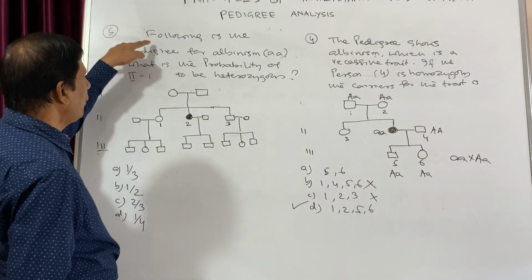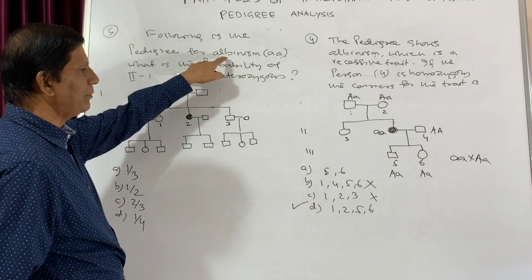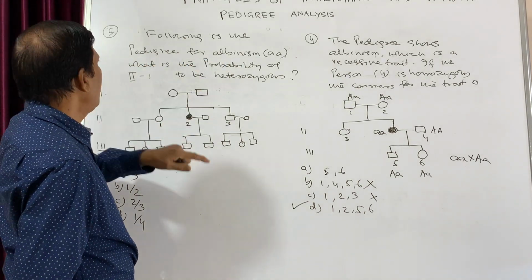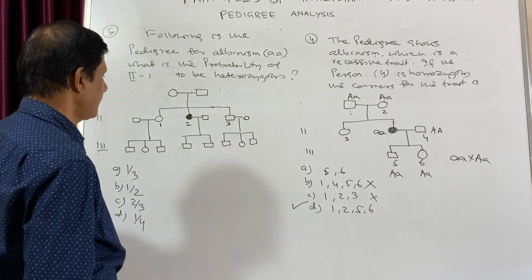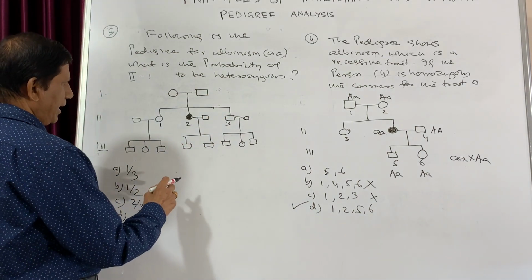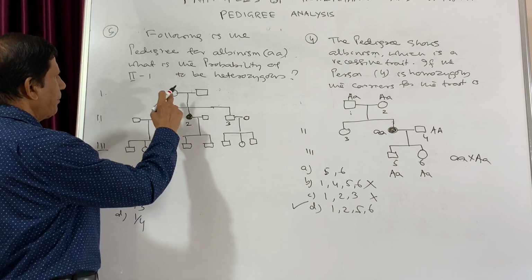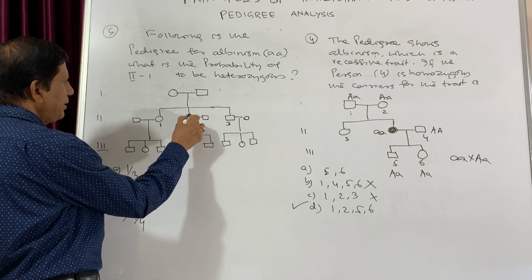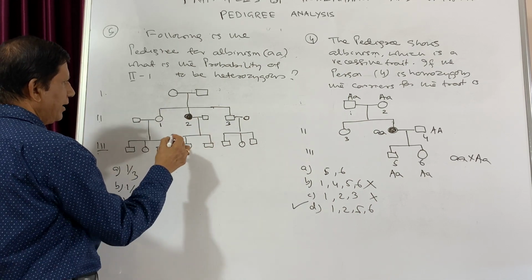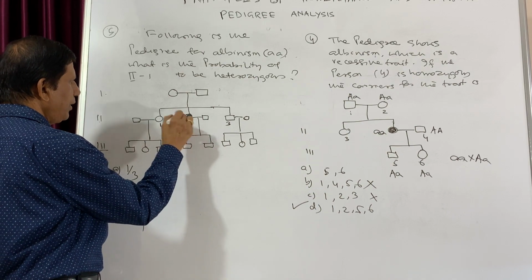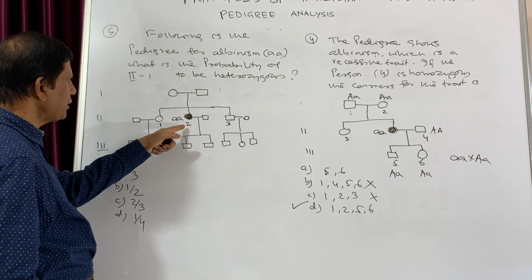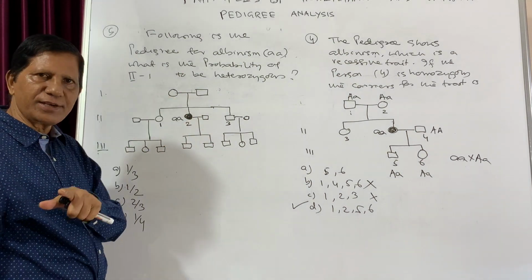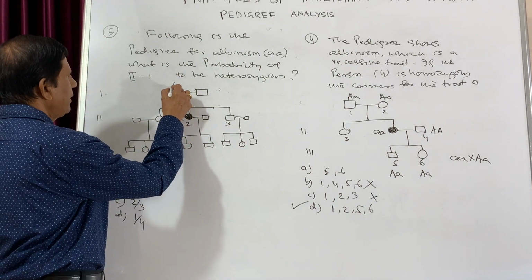Now see, following is the pedigree for albinism. What is the probability of 2A to be heterozygous? Since this is recessive and this is for albinism, this must be small a, small a. When this is small a, the 2 parents must be heterozygous.